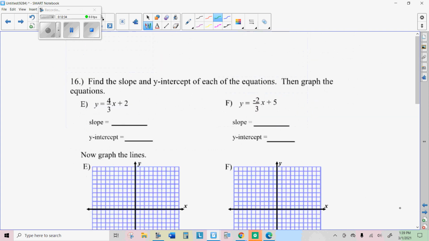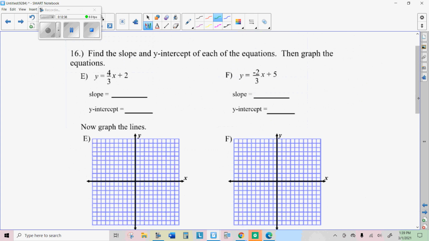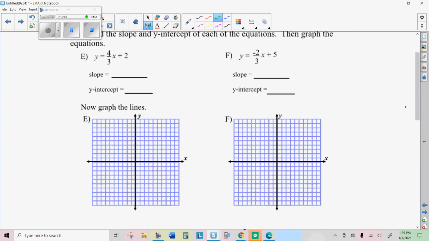All right. So the last thing we're going to learn how to do is graph them now that we are starting to understand this. We're going to take from the equation the slope, which we know is -4 over 3. And remember that the top number is the rise and the bottom number is the run. And then the y-intercept is 2. So we're going to put a dot at 2 on the y-axis. That's the y-intercept. And then I'm going to use the rise and run to make another point.